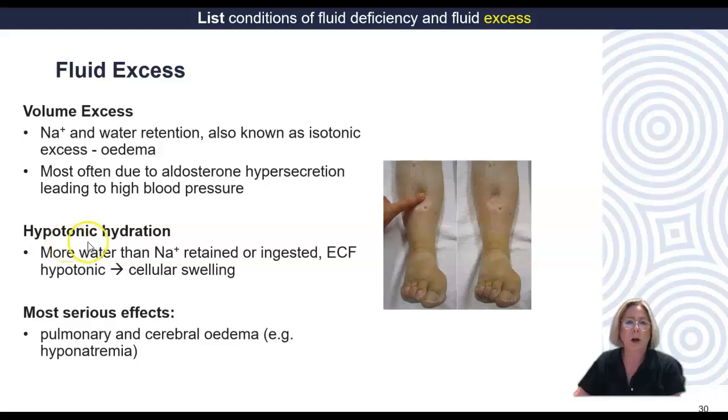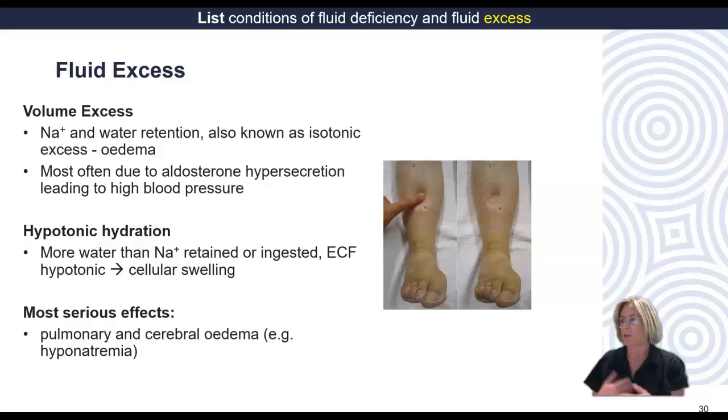We also have something called hypotonic hydration, where more water than sodium is retained or ingested. The extracellular fluid then is hypotonic, and that causes water to move into cells to cause cellular swelling. You might actually use hypotonic hydration for somebody if somebody is severely dehydrated and a clinician wants to increase the total body fluids.